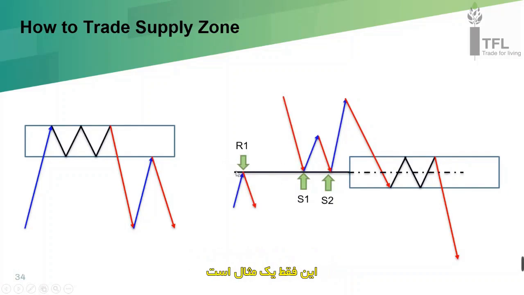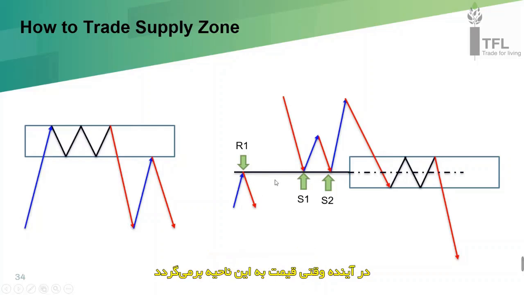This is just an example; sometimes it might be just from the bottom, sometimes just from the top. It does not matter, but if it is from both the top and the bottom, that will be excellent. This is what we consider an SSR, significant support and resistance.